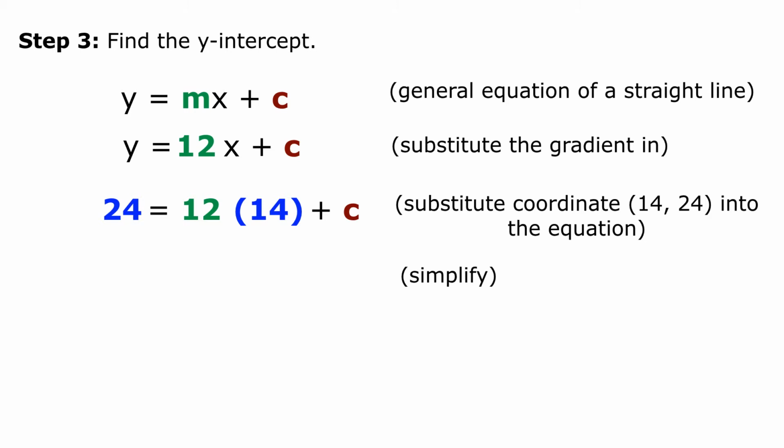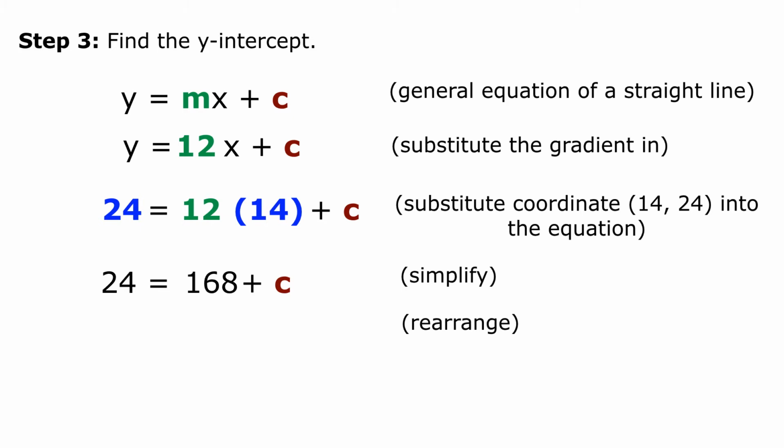Now I'm going to do a bit of simplifying. So I'm going to do 12 times 14. So I'm leaving everything else alone. I'm just going to simplify 12 times 14, which is 168. Now what I want to do is rearrange, because I'm trying to solve this to find my y-intercept c. So I want to get c by itself, and I want to get all the other numbers to the other side of the equation. So the 24 is already on the left hand side, but the 168 isn't.